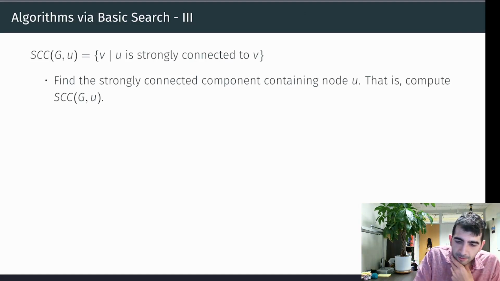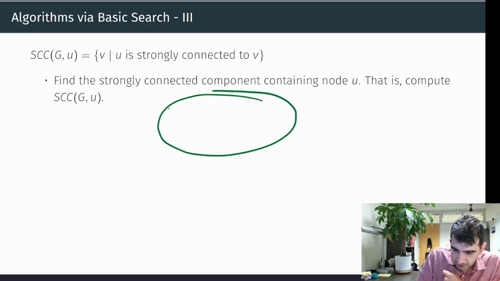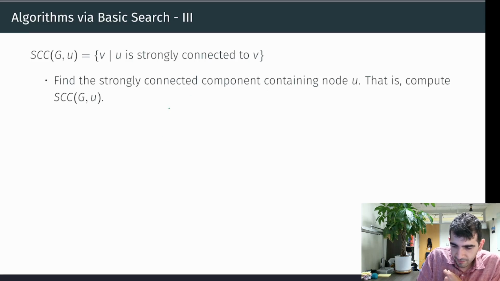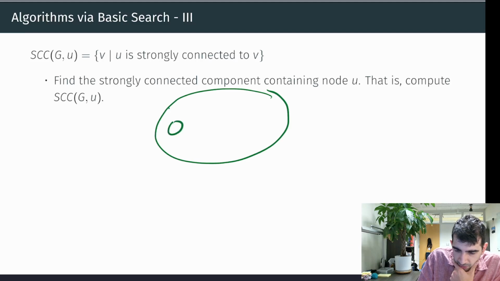For two elements to be in the same strongly connected component, let's say this is our strongly connected component right here. Let's make that drawing slightly nicer. This is our strongly connected component, and we have a node U and we have a node V.